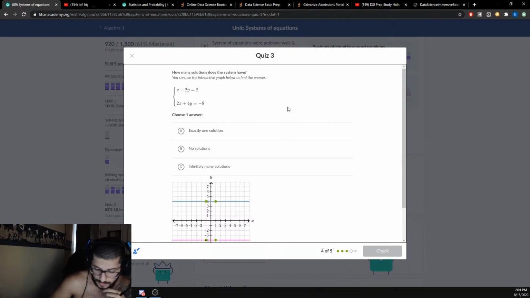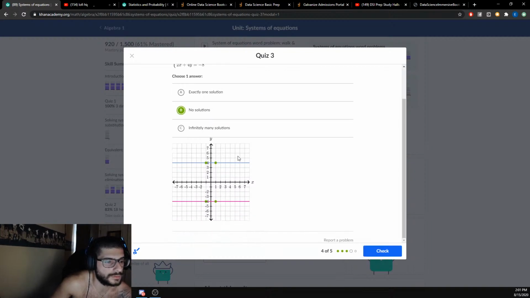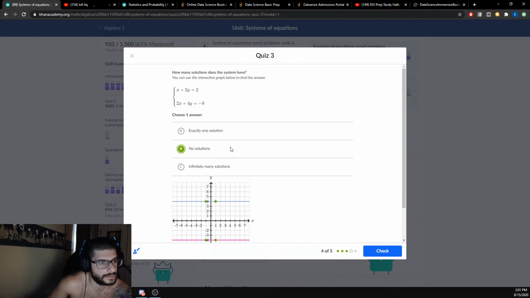How many solutions is this thing? If I multiply the top by -2, -2x that cancels. It would be -4y that cancels. And this one's gonna be -2, -4. No solution. I have to craft that.